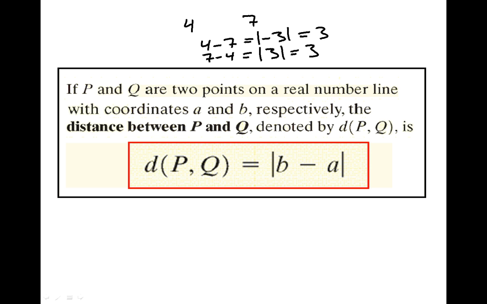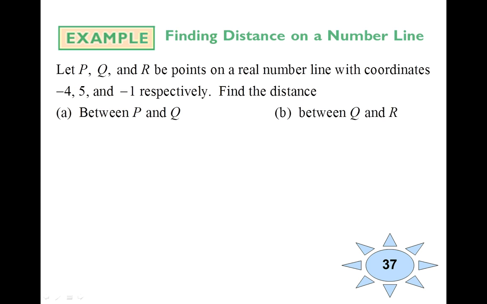So it's probably easier to do the bigger number first, so you don't have to deal with negatives when you're talking distance. All right, find the distance on a number line. Now let P, Q, and R be points on a real number line with these coordinates: -4, -1, and 5.